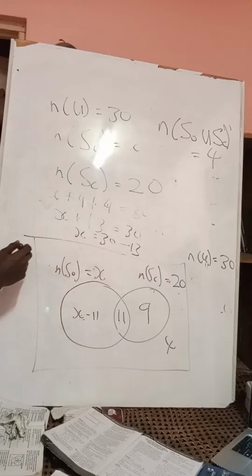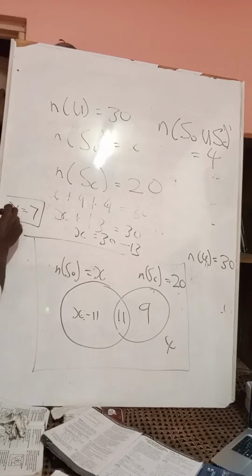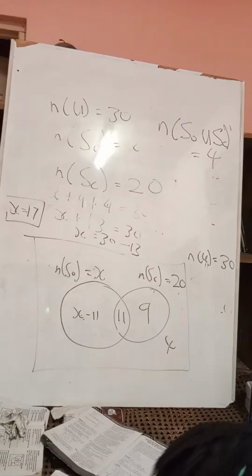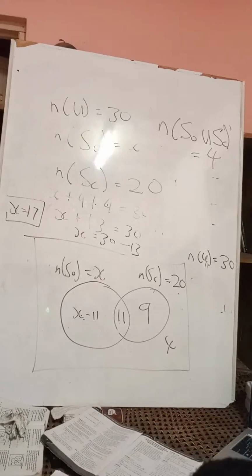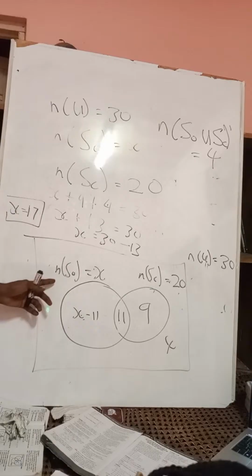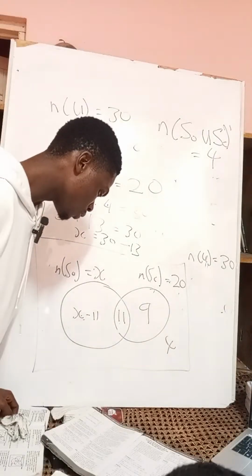What is 30 minus 13? It is 17. So x equals 17. So x is representing the number of social, hence the number of social is 17. That's all.